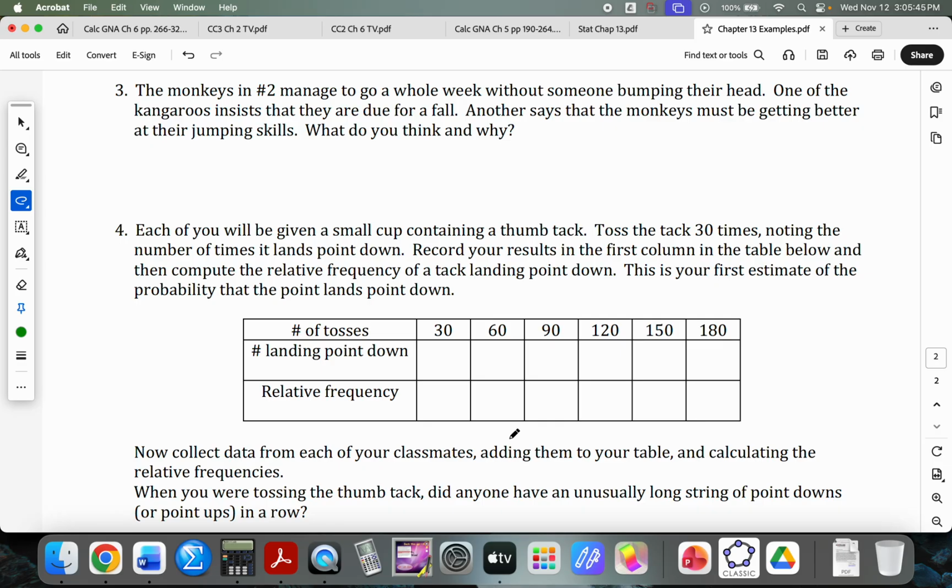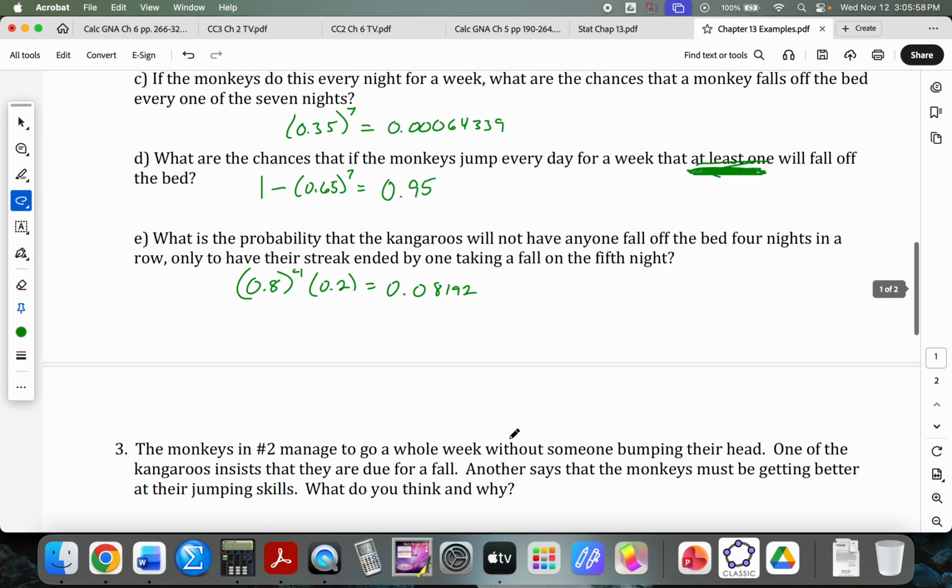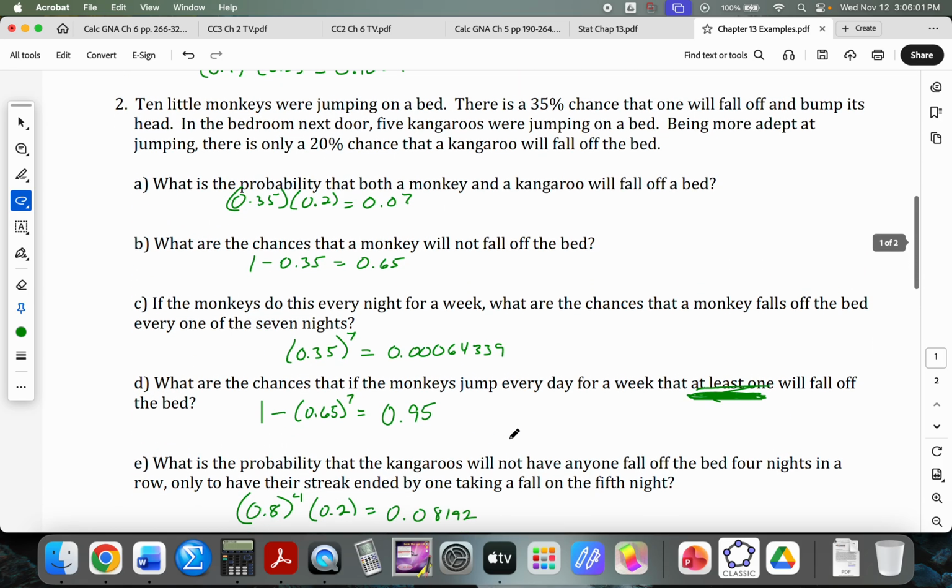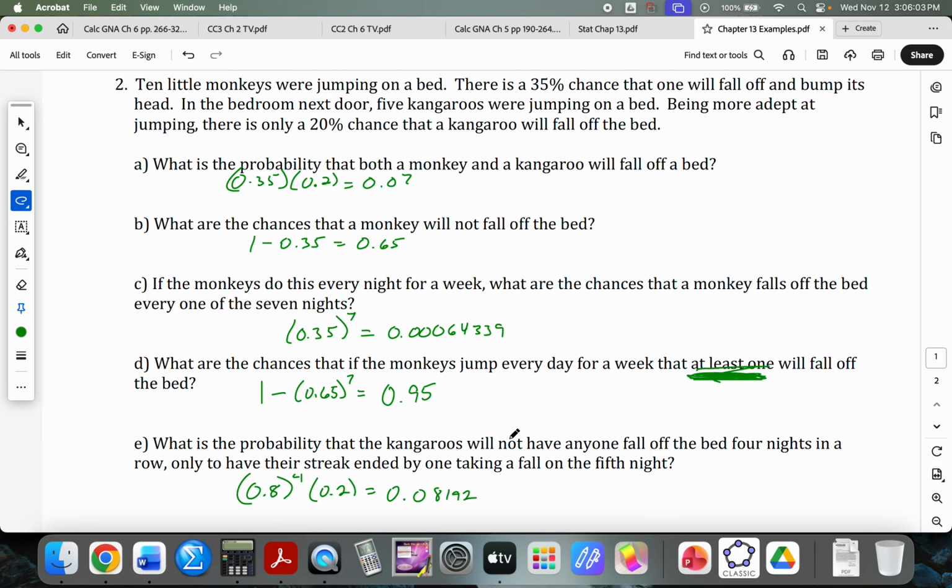We can't prove that anything has changed unless we were to perform this experiment, I don't know, another 1,000 times and go, hey, that's not even close to the percentage where we said we believe that there's a 35% chance. If we did this 1,000 times and there was only, say, a 25% of the times out of 1,000, I'd be like, okay, so I think they did get better.